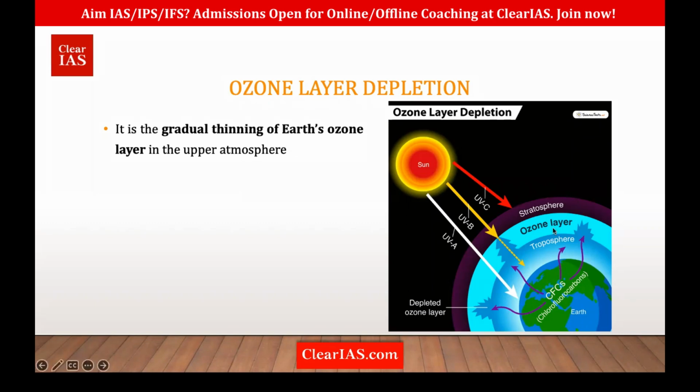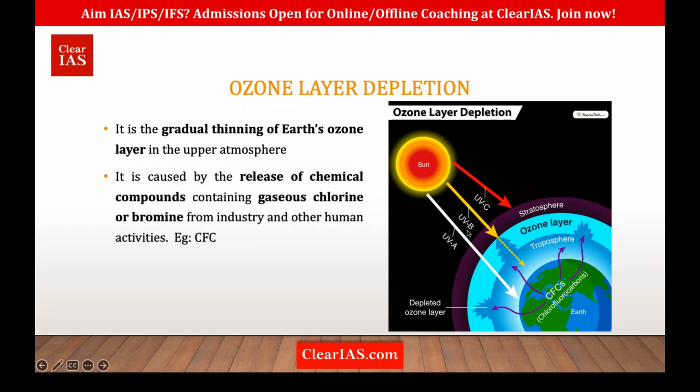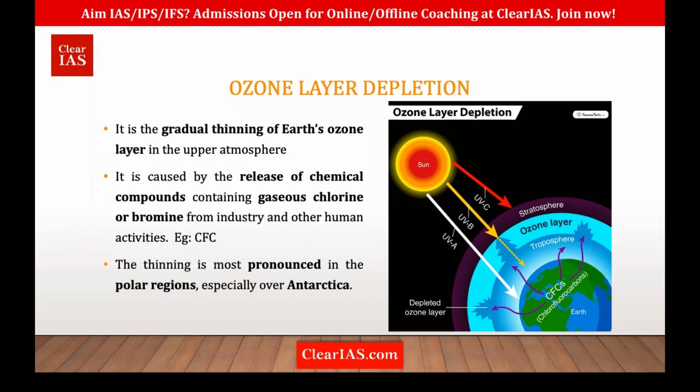When we emit so many chemicals, such as man-made chemicals like chlorofluorocarbons and the halo compounds, that is chlorine, bromine and their compounds, they rise up and reach the stratosphere, and in turn react with the ozone layer and deplete the ozone. We'll see that in detail.